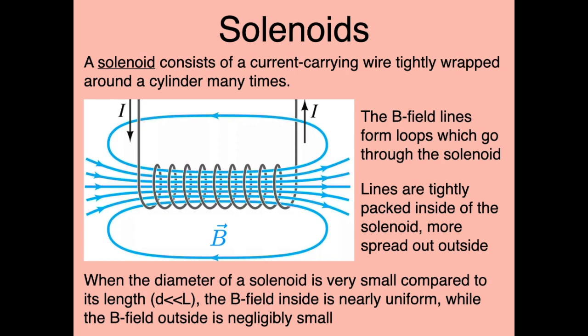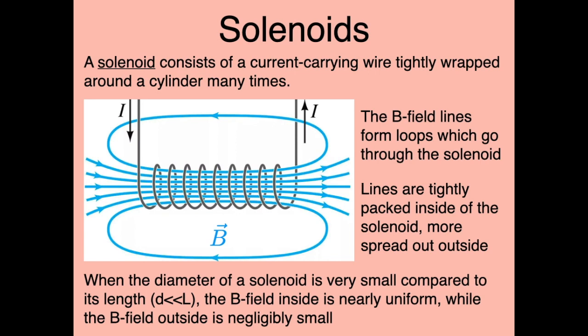And in particular, let's take a look at the case where the diameter of the solenoid, so the diameter of that cylinder, is very, very small compared to its length. In that case, the field lines inside the solenoid are going to be incredibly tightly packed, and outside of the solenoid, the field lines are going to be incredibly spaced out.